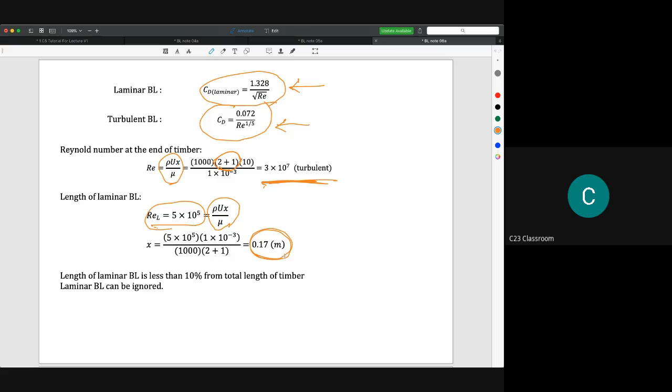If we compare 0.17 meters with the total length of the timber, which is 10 meters, it is less than 10%. It's very small, only 17 centimeters compared with 10 meters. So maybe we could say that the existence of the laminar boundary layer can be ignored, because it is too small.